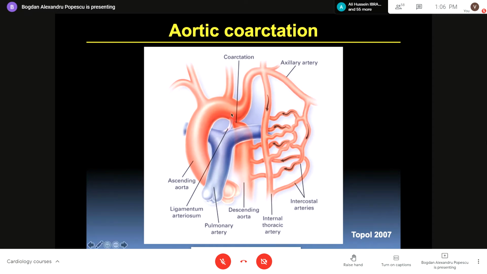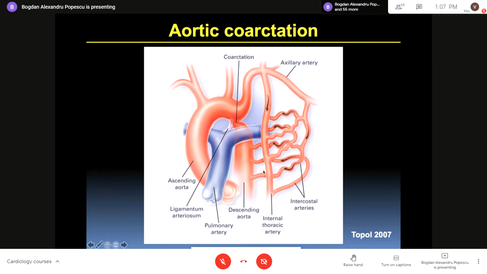So for example, if this patient has a long-standing coarctation that is very severe, the pressure distal to the obstacle is very low. So how does the body try to adapt? By developing collaterals, okay? So what happens?